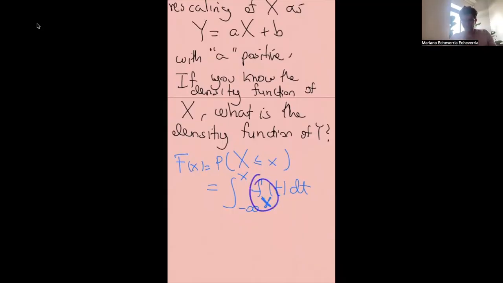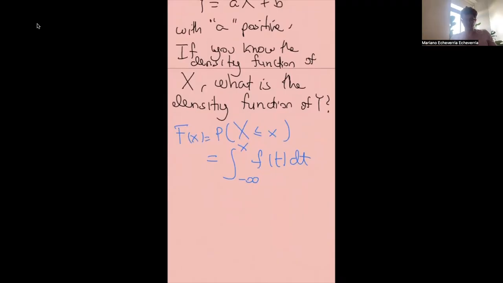Or maybe we could call it f and g, because this is maybe too much notation. So this f is the density of x.